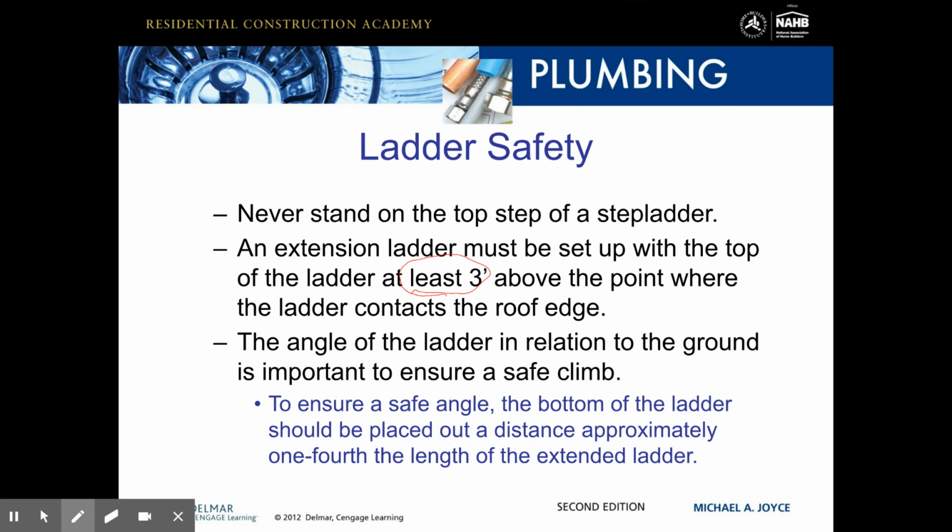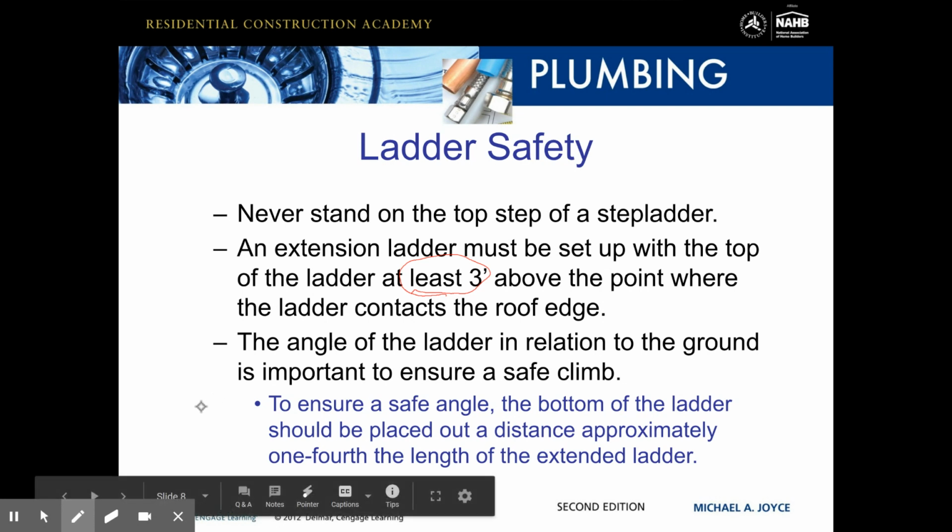The angle of the ladder in relation to the ground is important to ensure a safe climb. To ensure a safe angle, the bottom of the ladder should be placed out a distance approximately 1/4 the length of the extended ladder. So if we had a wall here and we were going to climb over the wall, and let's say that this is 8 feet tall, and we want to place our ladder up above that wall.